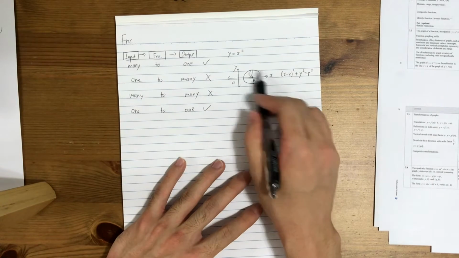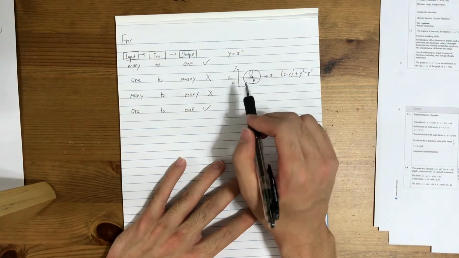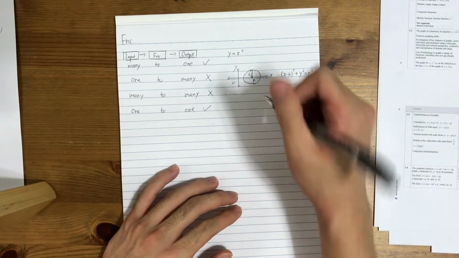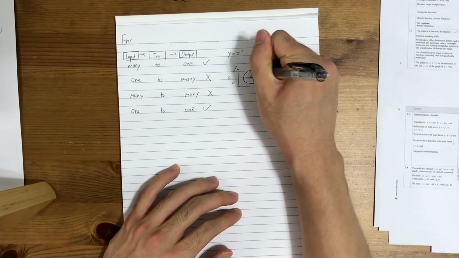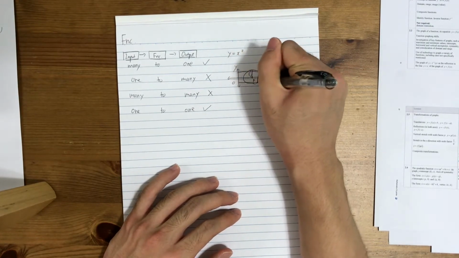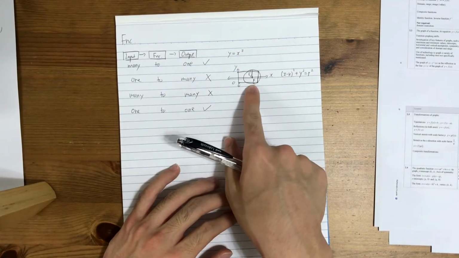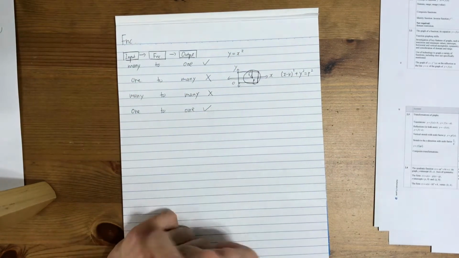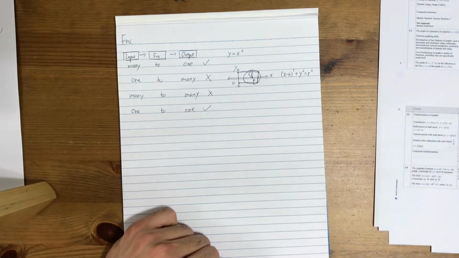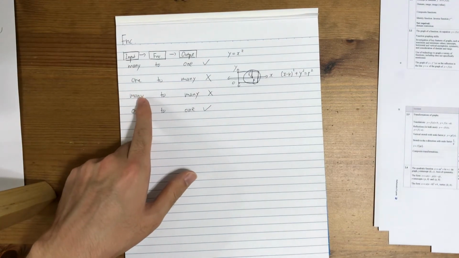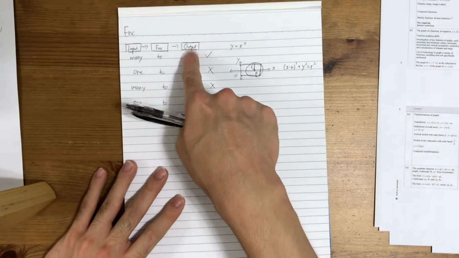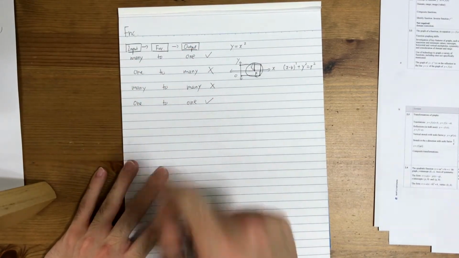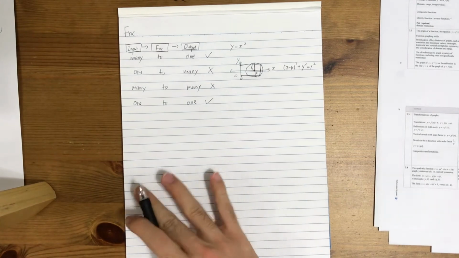This is not a function because for a value of x, there exist two different values of y, right? So this case is 1 to many. So this is not a function. And in the same way, many to many is not a function either. So only many to 1 or 1 to 1 are defined as functions in mathematics.